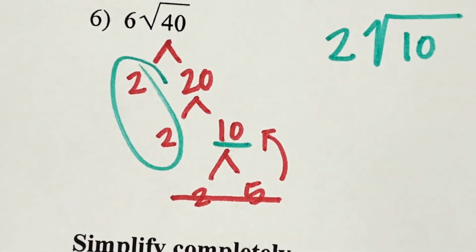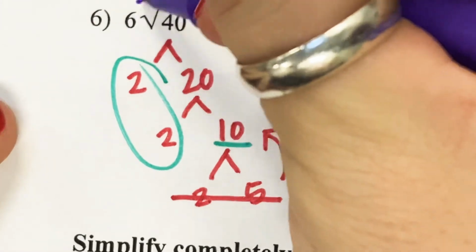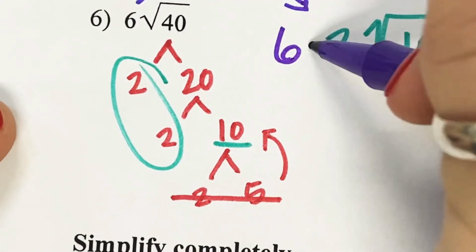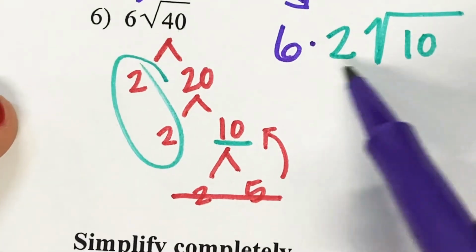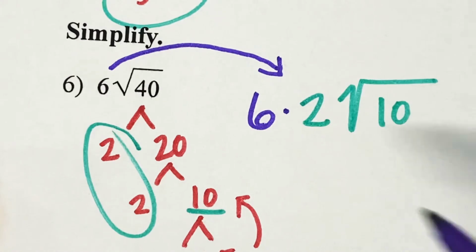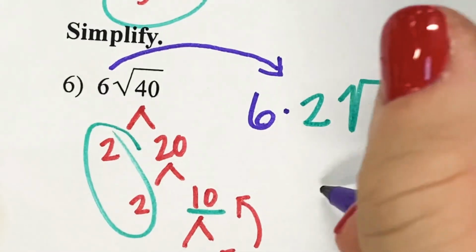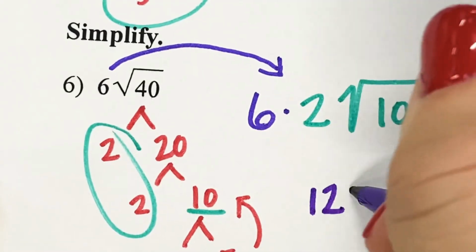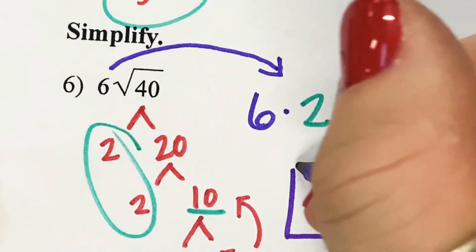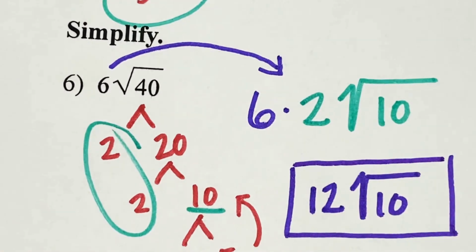But we're not done because remember, there was already a couple waiting out there. So 6 is now going to multiply by that 2. What is 6 times 2? It's going to give me a 12. And the 10 still has to stay inside. So our final answer is 12 root 10.